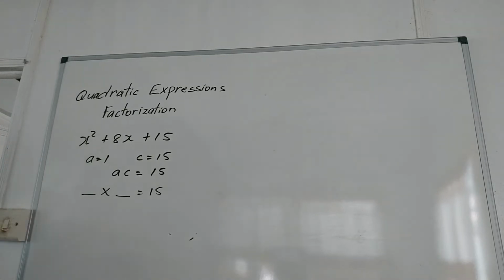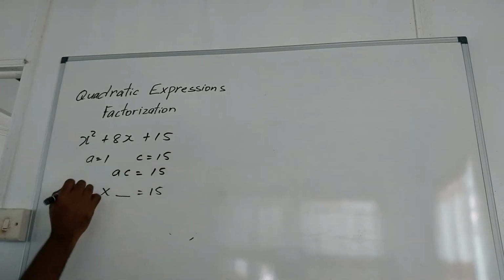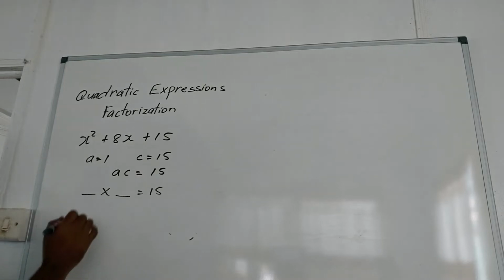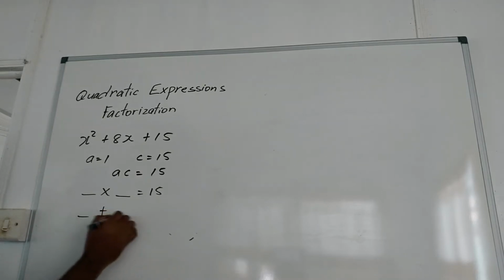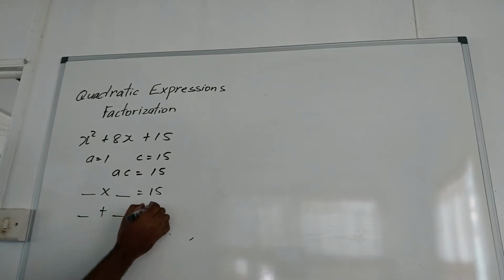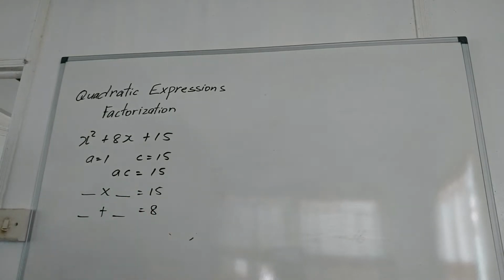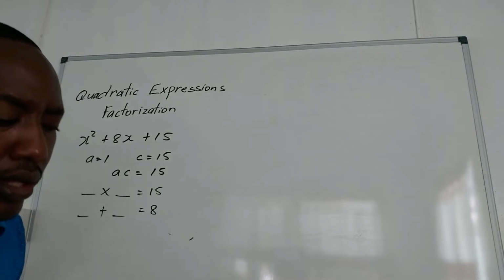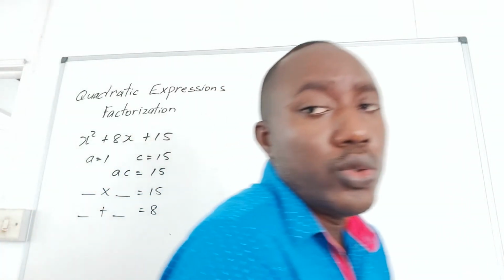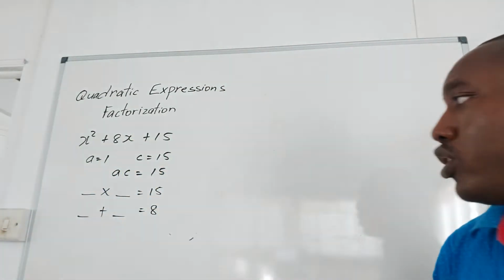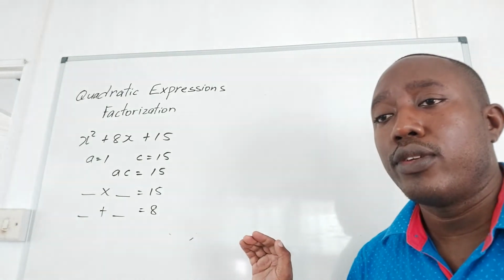What is B in this case? B is equal to 8. So when we add the two numbers, the same two numbers that you have for AC, that answer must be 8. I would encourage you to start by finding the two numbers to multiply to get 15.